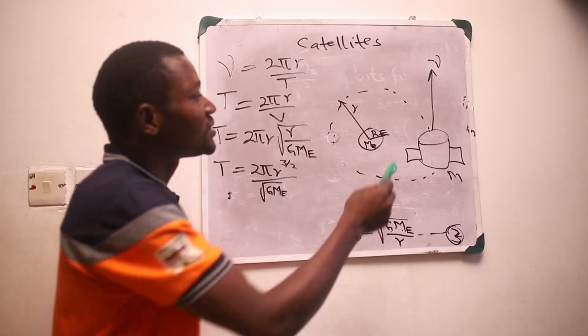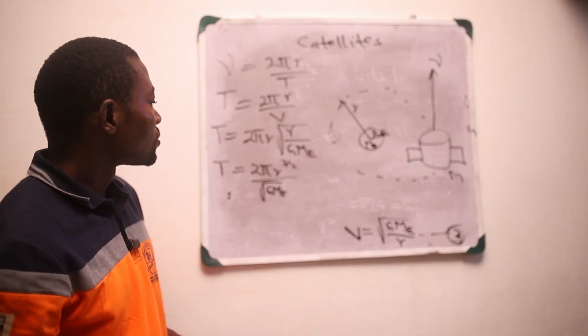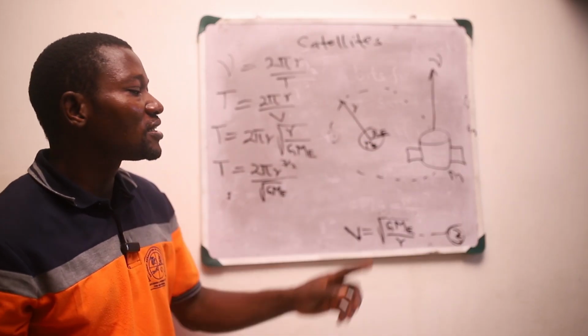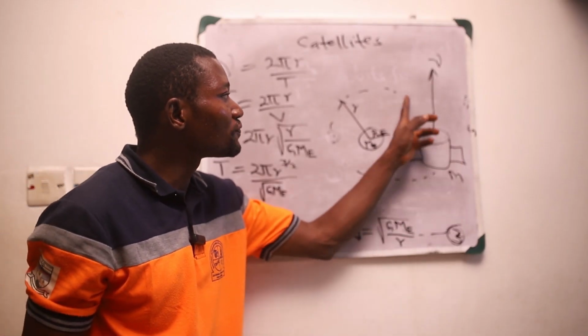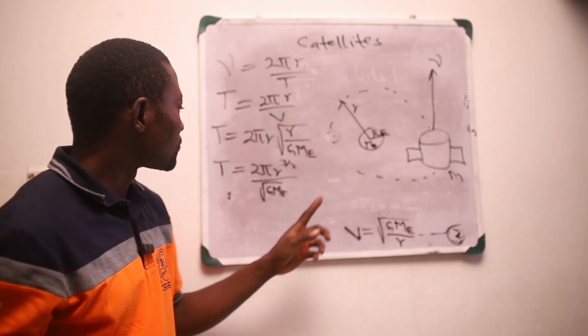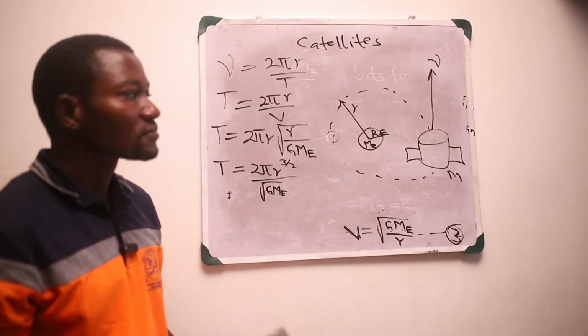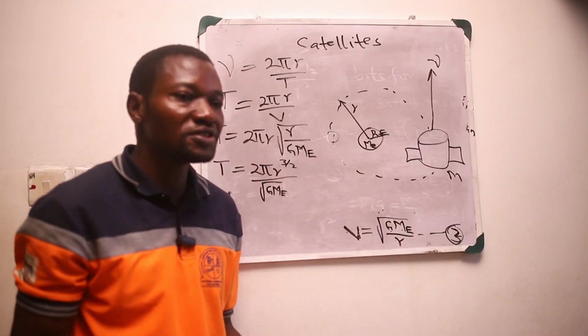And what is period? The time taken to complete one oscillation. So in designing a satellite, the velocity at which the satellite will move needs to be put into consideration, and also the period, the time that the satellite will take to revolve in its orbit.